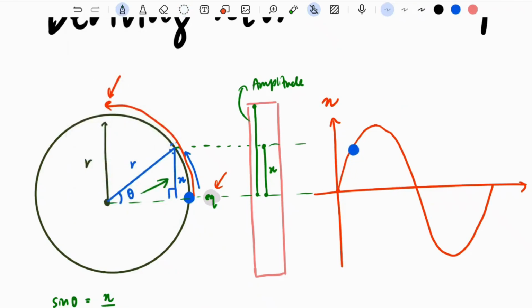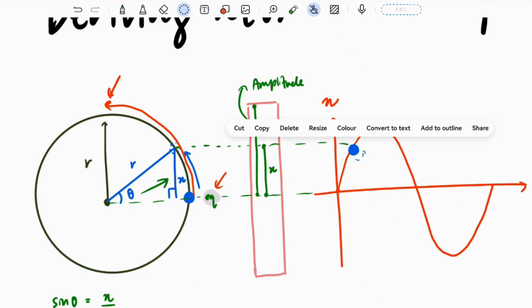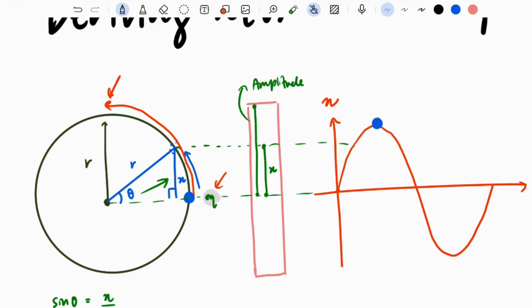I say after a certain time it goes there. It doesn't have to be specifically there, it can be here, it can be here, up to you. I just say that after a certain time, it's at this position. Then after that, it's going to reach the highest point, which is actually this point.